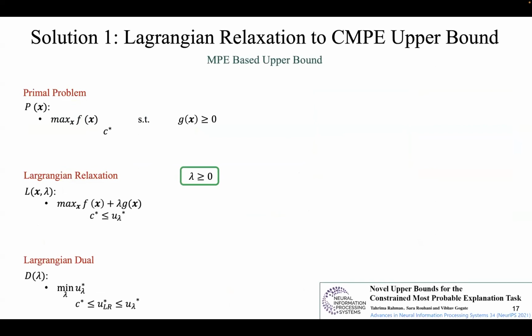So what they do is they use two methods from optimization called Lagrange relaxation and Lagrange decomposition.